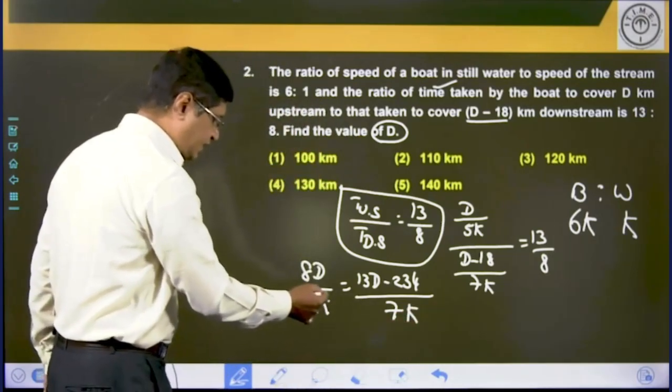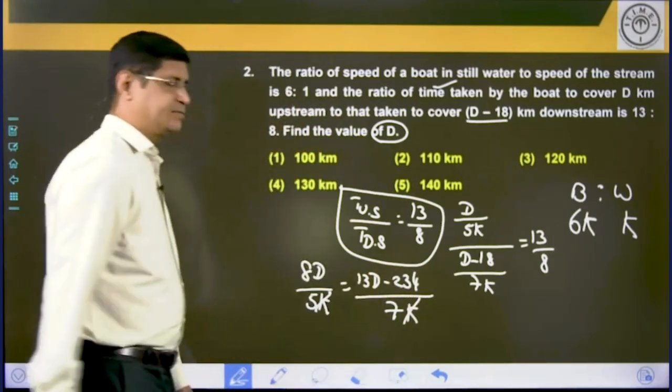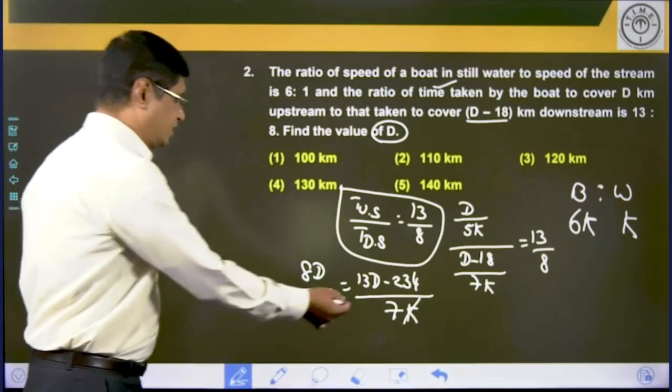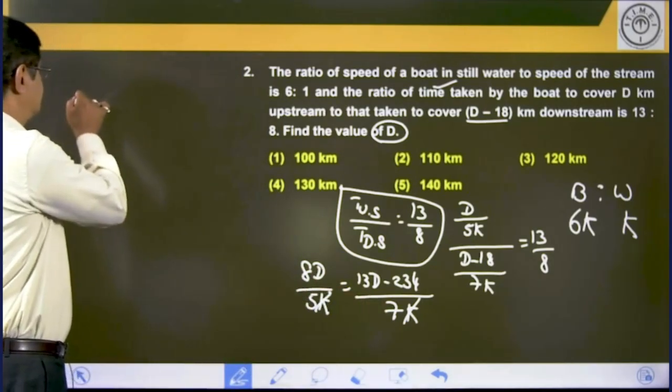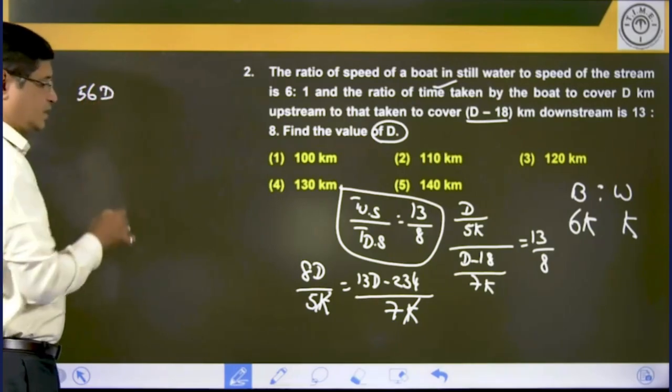Here we can cancel K. K to K gets cancelled. By cross multiplication, 7 into 8, that is 56d.